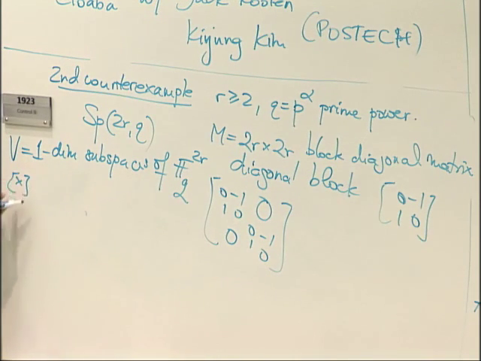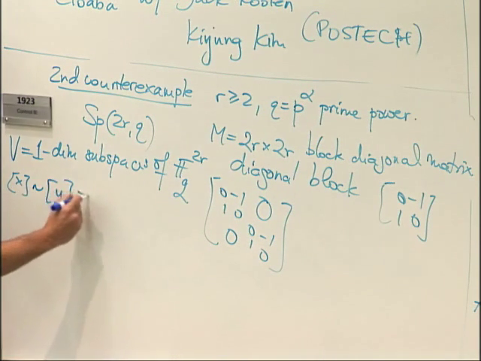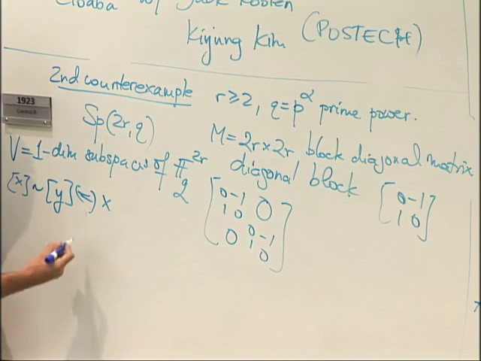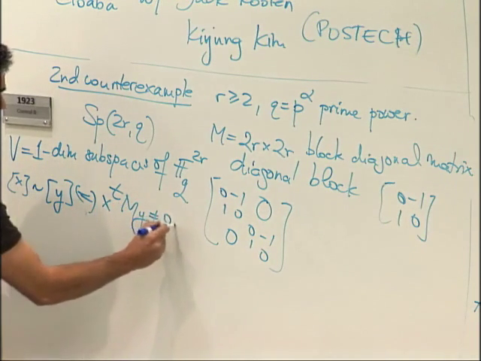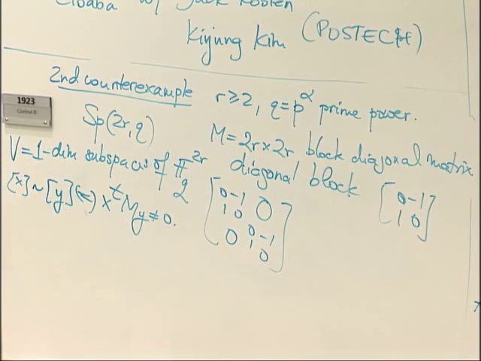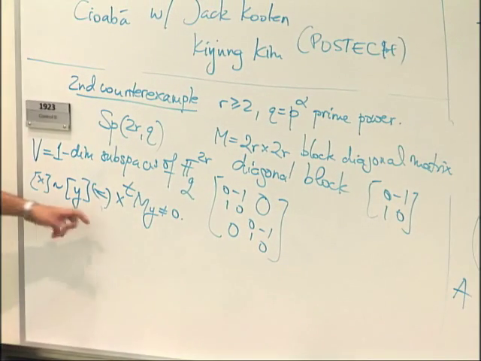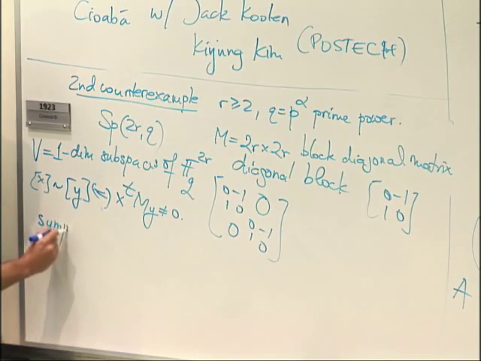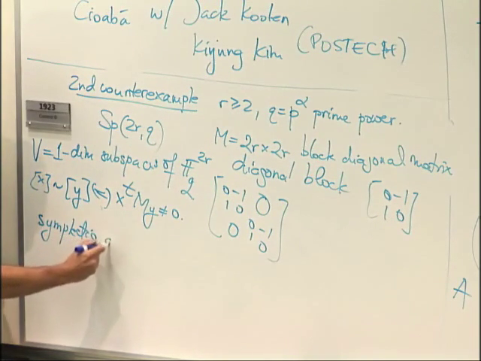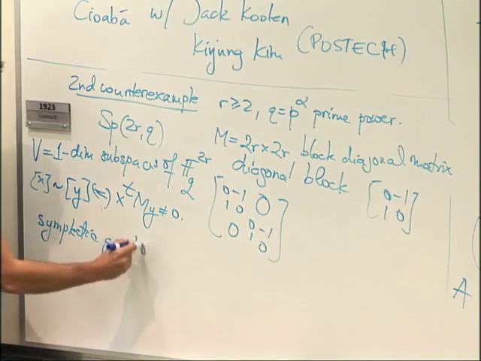If I refer to a one-dimensional subspace by x, this is one of the elements of a basis of that subspace. So I say x is adjacent to y if and only if the value of the following expression, x transpose M y, is non-zero. Some people call this the symplectic graph over F_q.